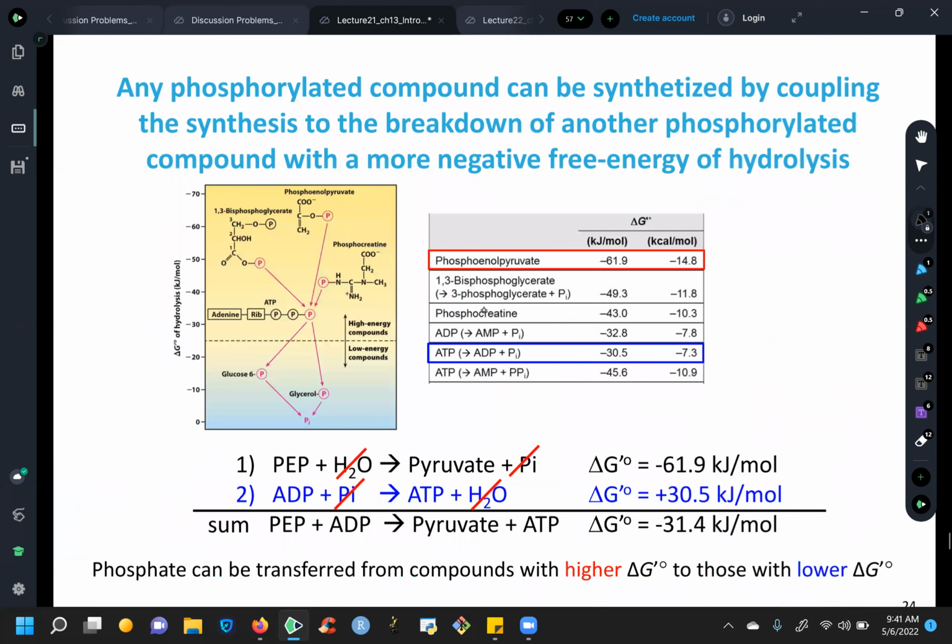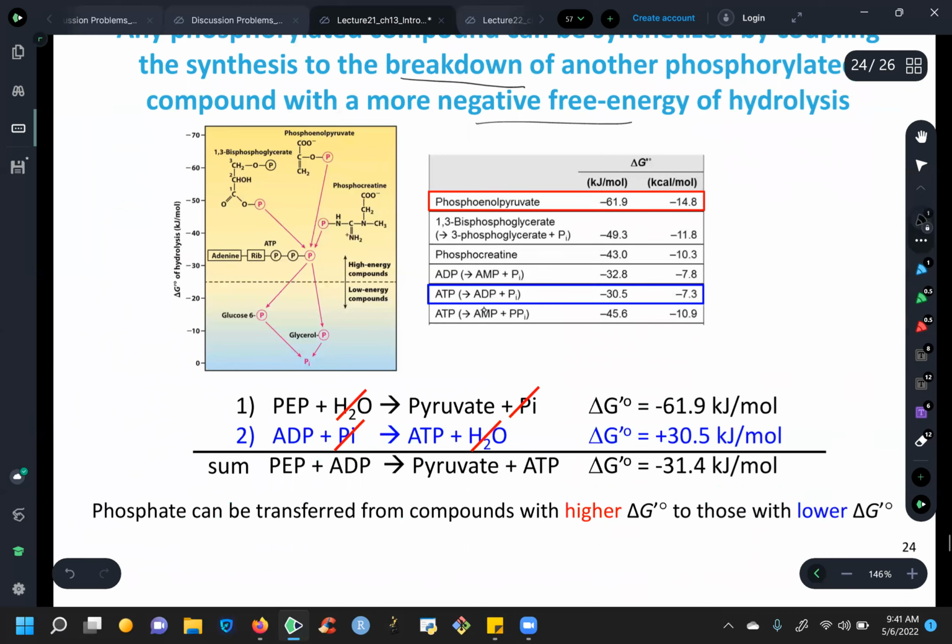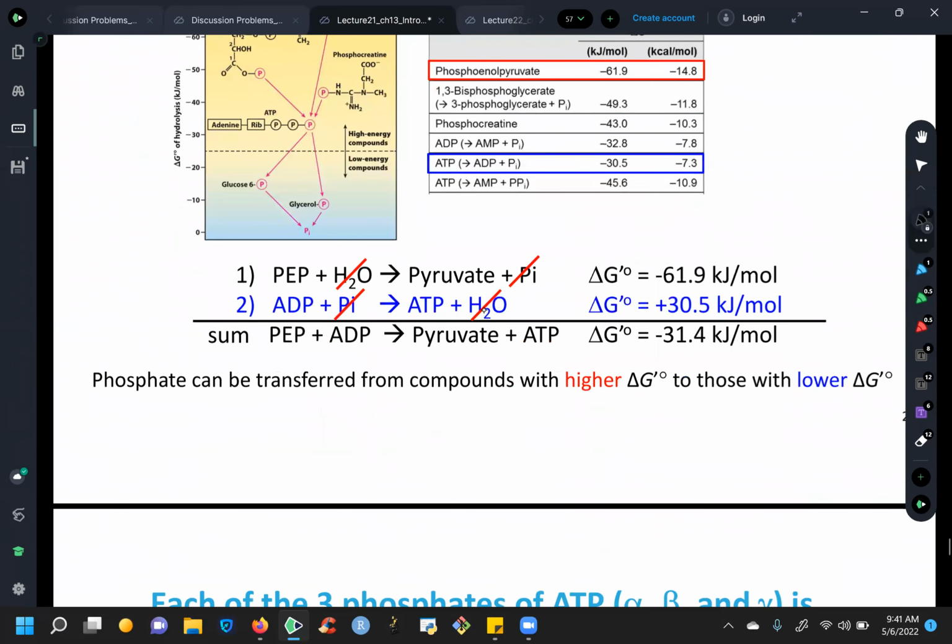Any phosphorylated compound can be synthesized by coupling the synthesis to the breakdown of another phosphorylated compound with a more negative free energy. So this is just coupling reactions. We did a few examples in discussion, with your first reaction and your second reaction. You have to be able to identify those high energy compounds by name, like PEP, that's phosphoenolpyruvate.